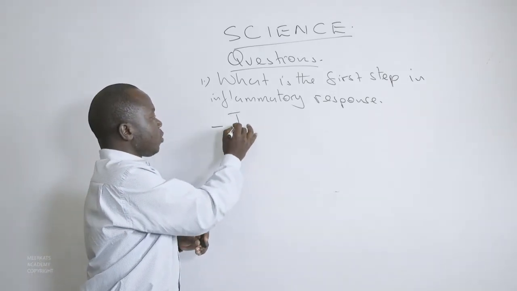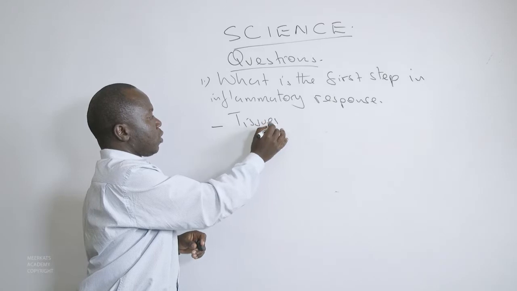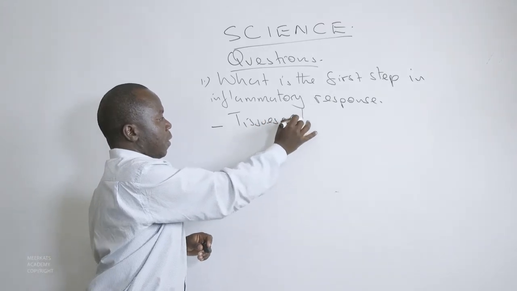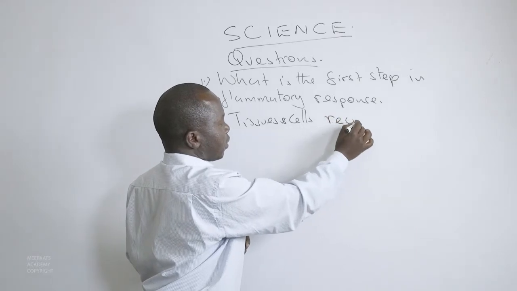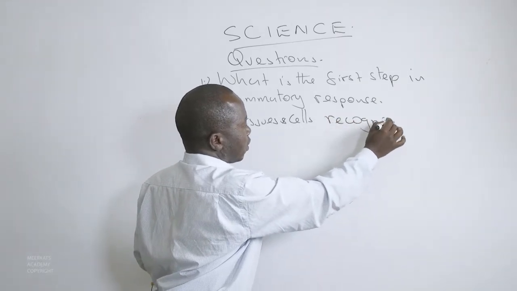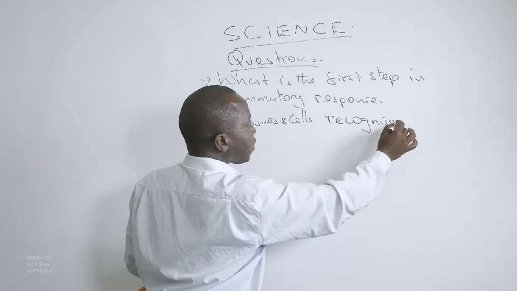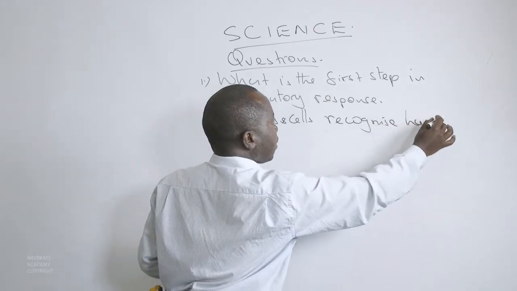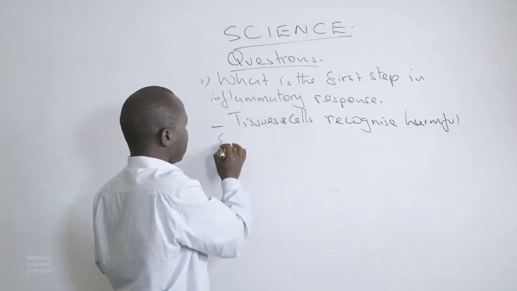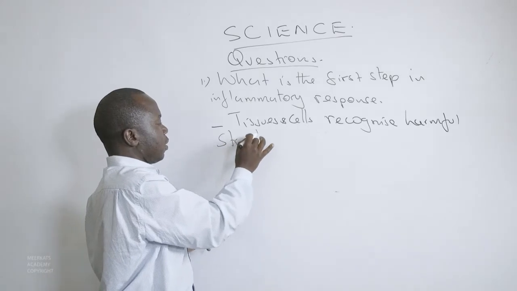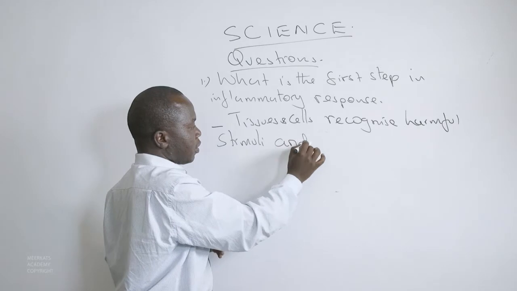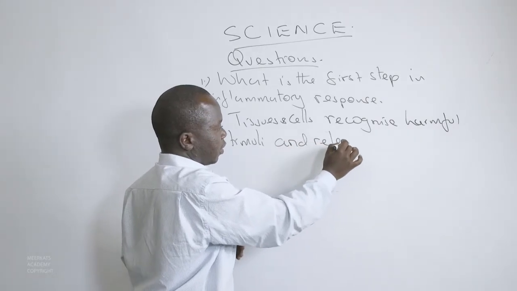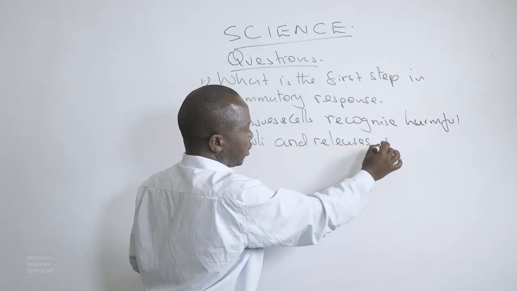So tissues and cells recognize harmful stimuli and they release immune cells.